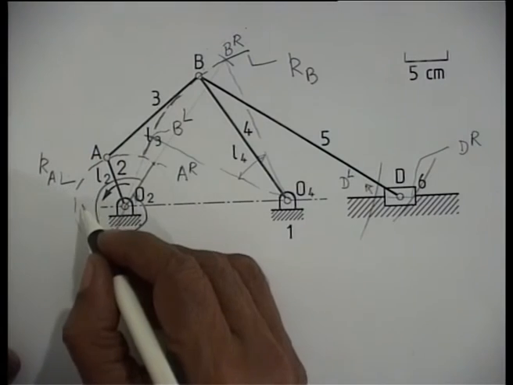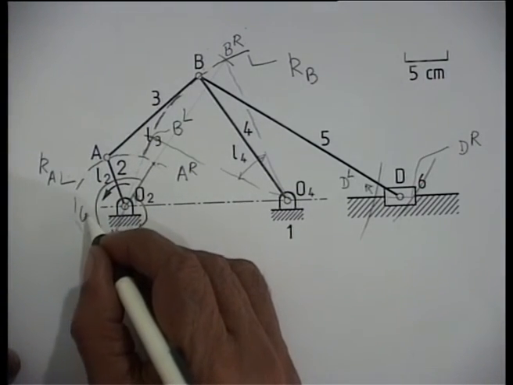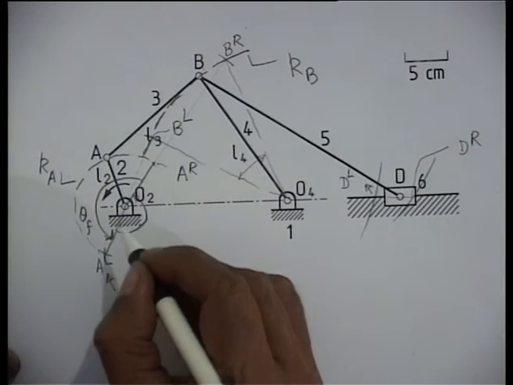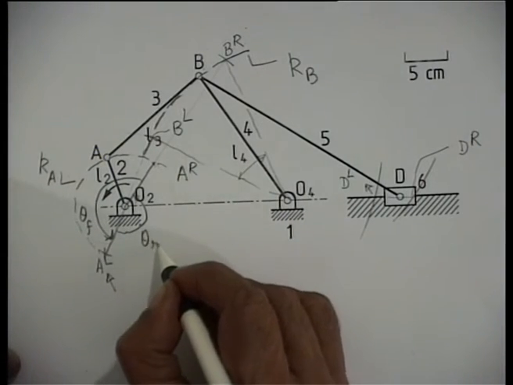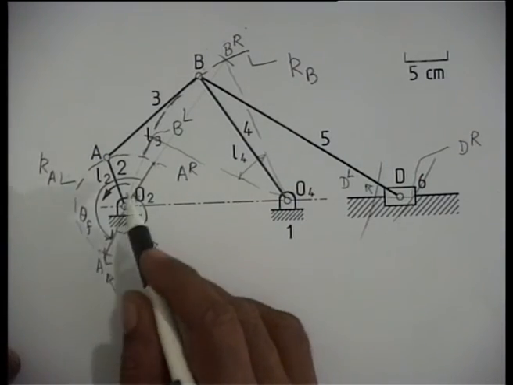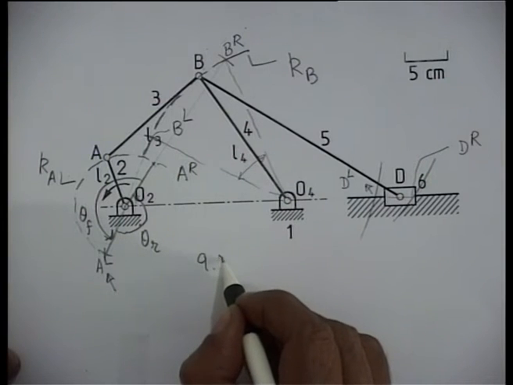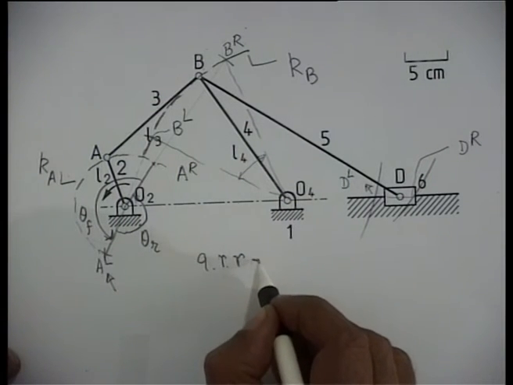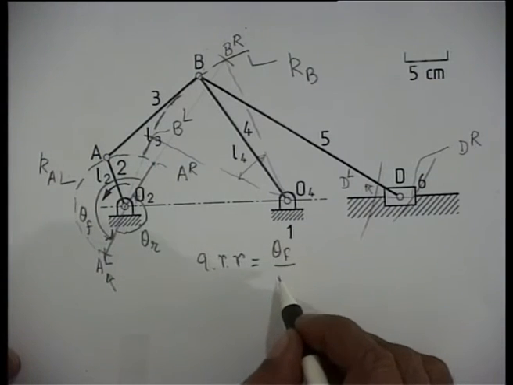So, if I call from right to left, that is the forward motion, theta f and the return motion is theta r. Of course, theta r is nothing but 2 pi minus theta f, and QRR, the quick return ratio of this mechanism, we obtain as theta f by theta r.